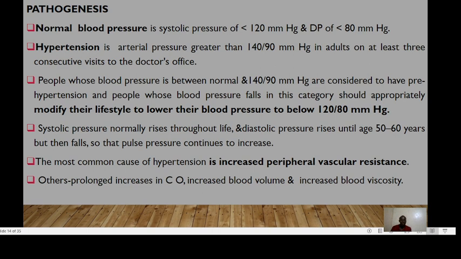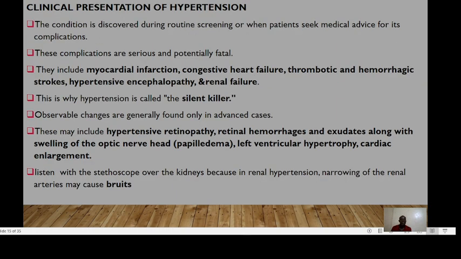Remember, the most common cause of hypertension is increased peripheral vascular resistance. Other factors could include increased cardiac output, increased blood volume, and increased blood viscosity. In terms of clinical presentation, hypertension is discovered during routine screening or when the patient is seeking medical advice for complications caused by the disease.